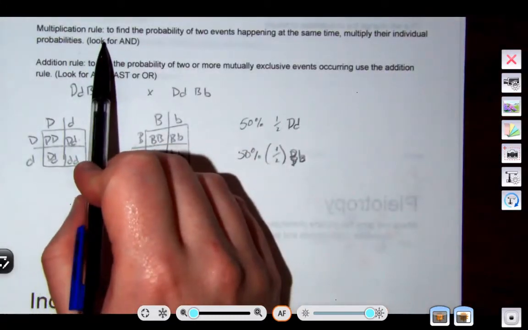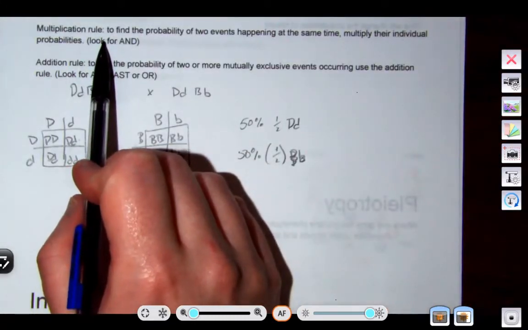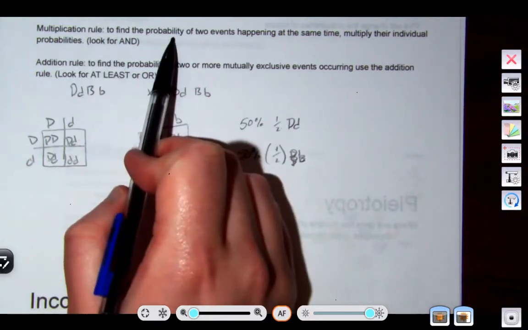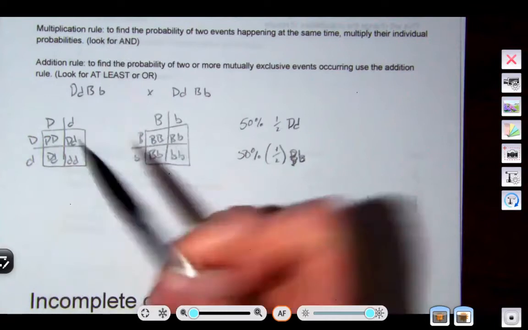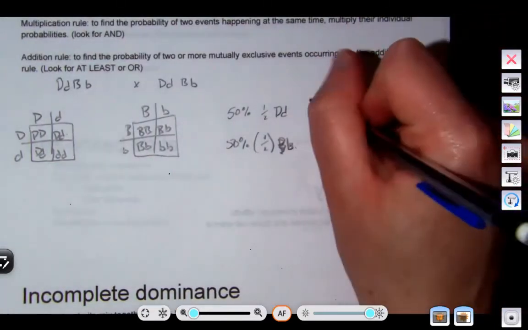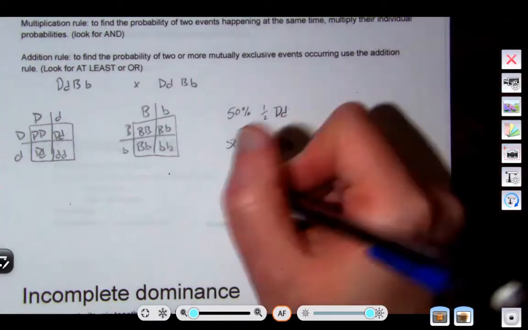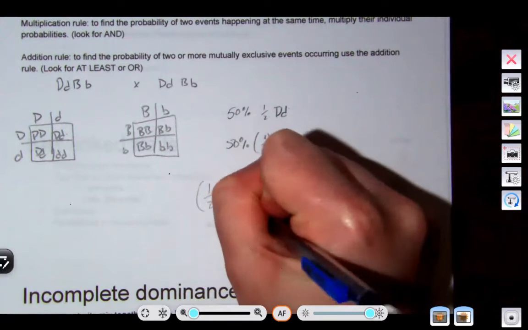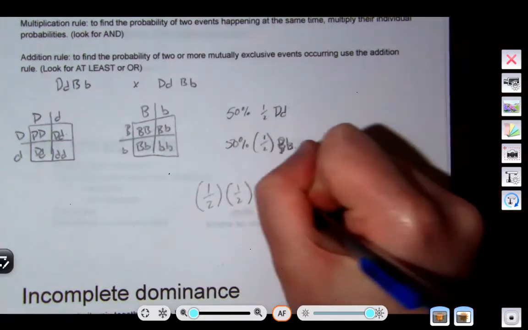I can use what's called the multiplication rule. What is the probability of them being heterozygous for this and this? One half times one half is one fourth, because you're just multiplying across.